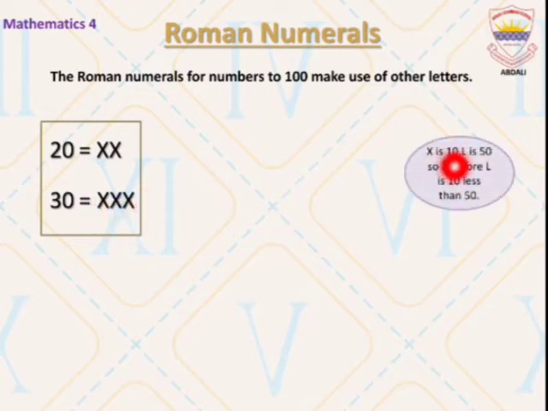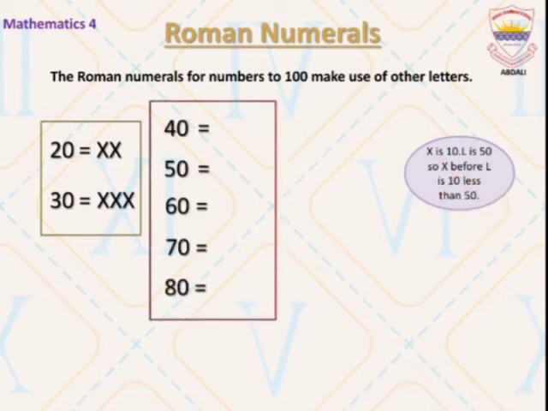X is 10, L is 50. So X before L is 10 less than 50, that is 40. 40 is equal to XL.